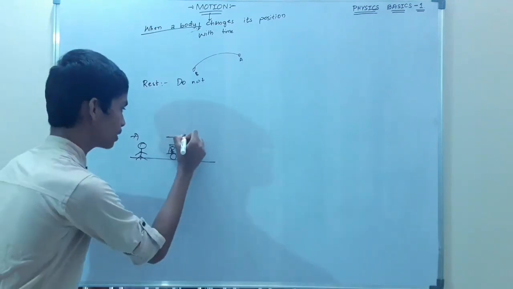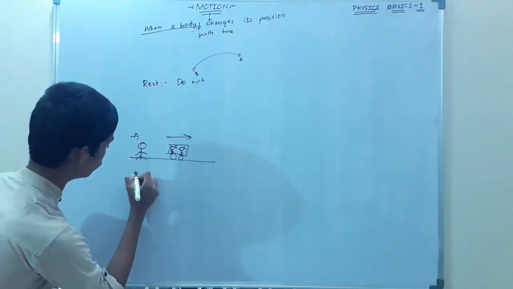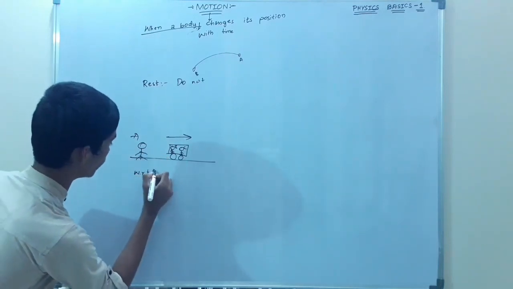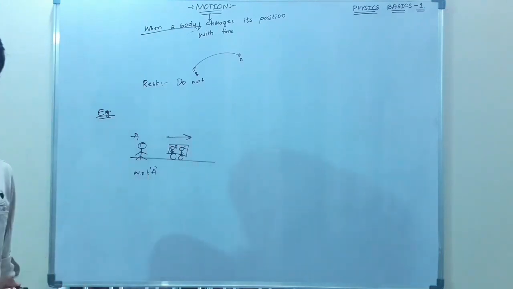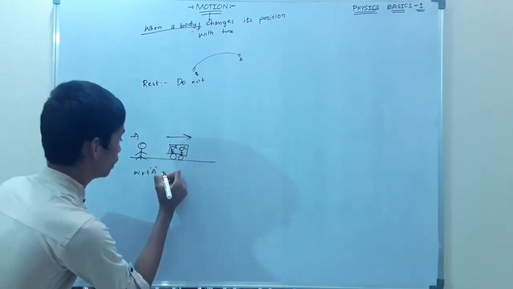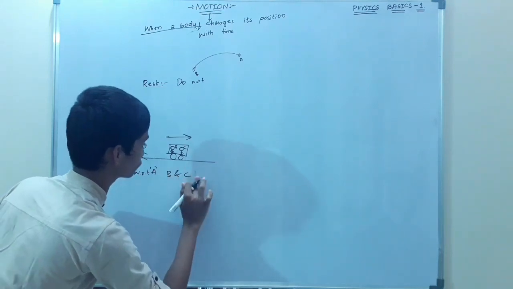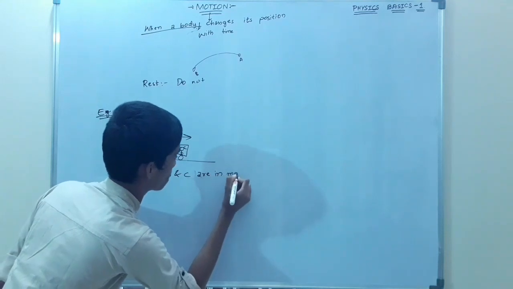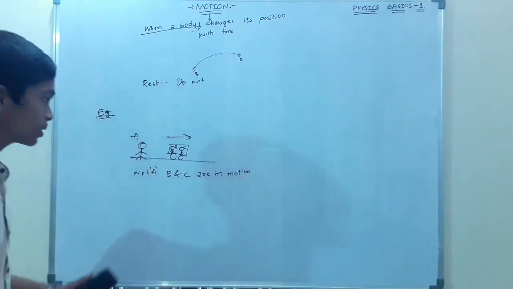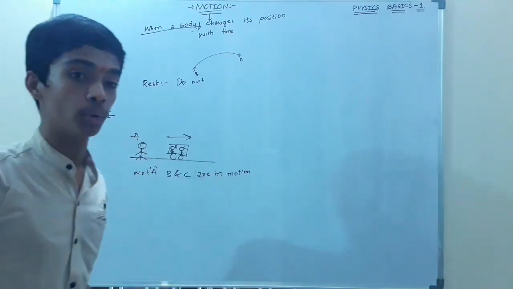They are going in this direction, and with respect to A, B and C are in motion, because the car is moving, so he thinks that they are also moving.